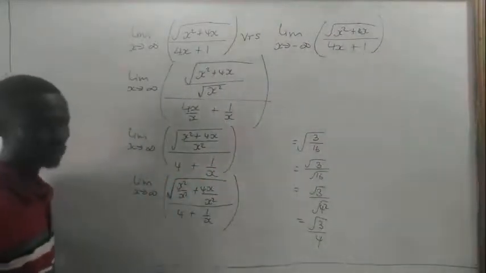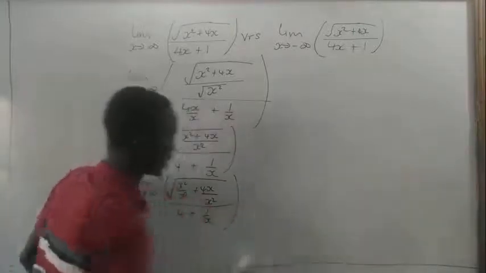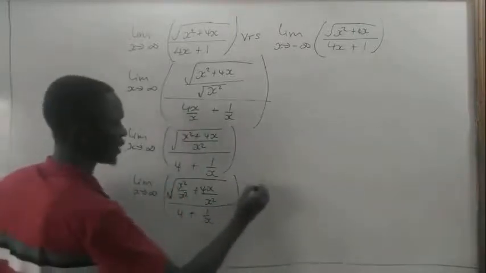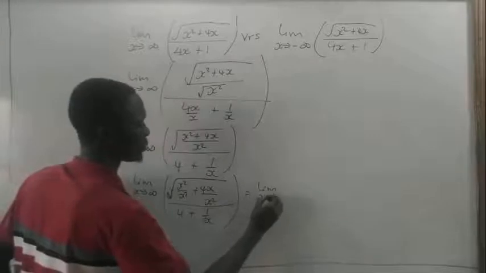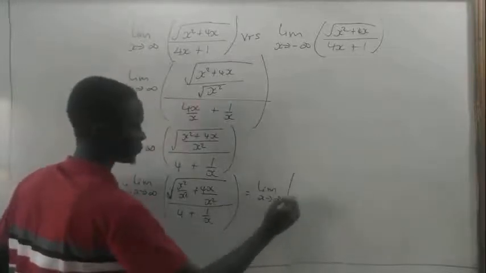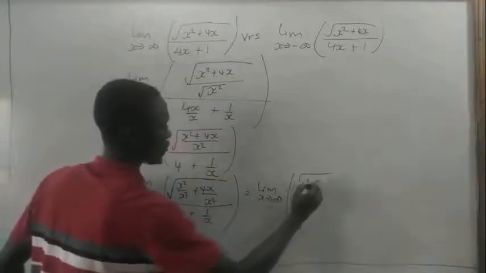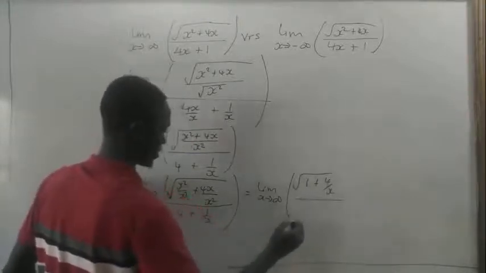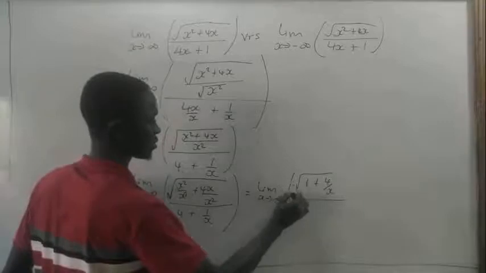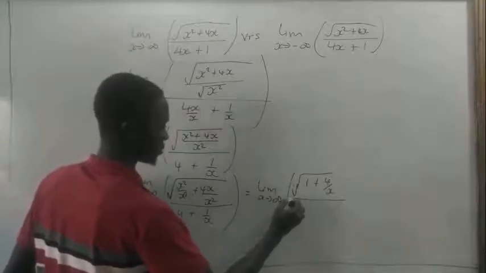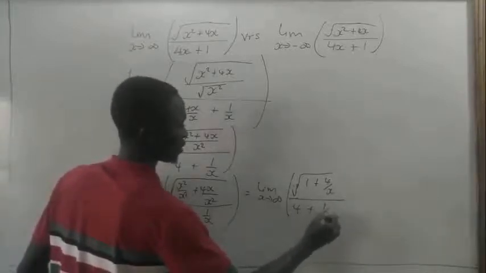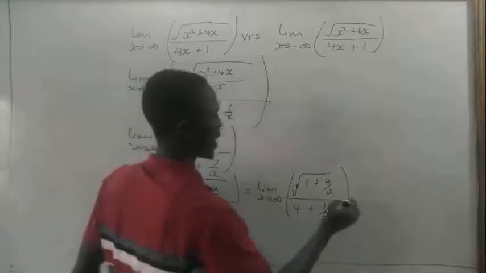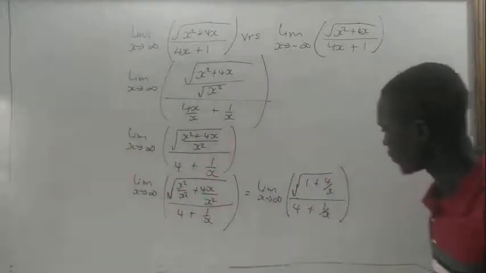So let us proceed. What are we going to get? We will have the limit as x approaches infinity of the square root of 1 plus 4 on x, divided by 4 plus 1 on x. Now, as x approaches infinity, what do we take?